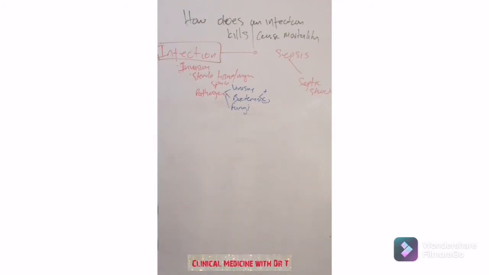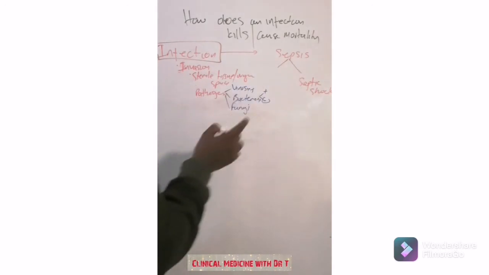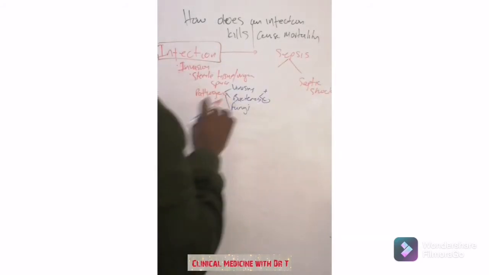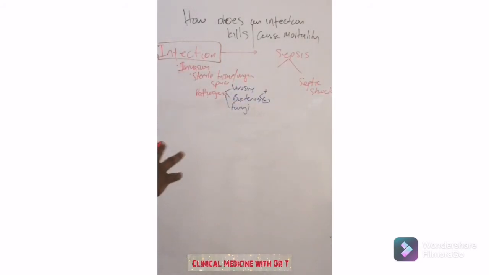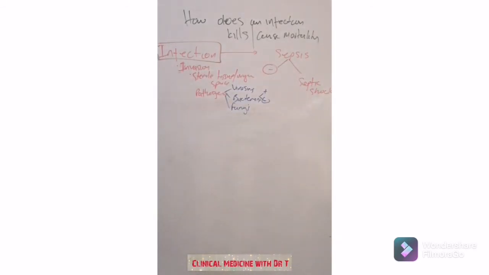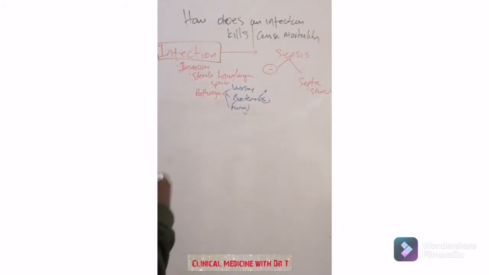Another thing you must remember is that you can have sepsis and not have septic shock. When you have sepsis, it does not mean that you've got septic shock. You might have sepsis without septic shock.